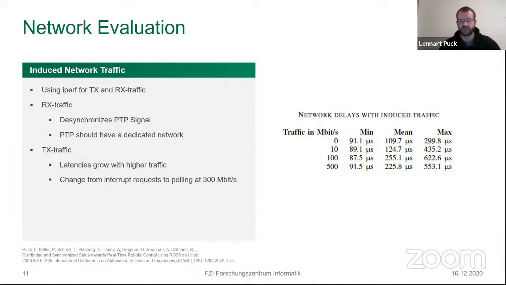So we have a different policy of how the incoming traffic is handled. As you can see on the right, it decreases quickly once external traffic is enabled. So for real-time applications, it makes sense to have the real-time communication set up by itself and everything else on a different network.